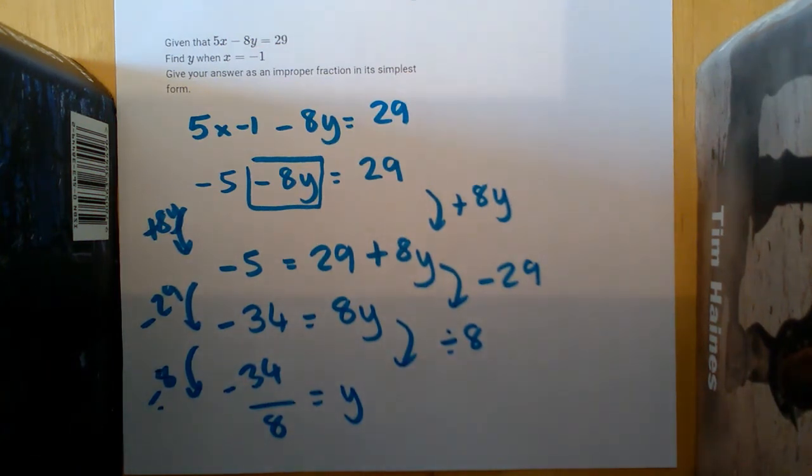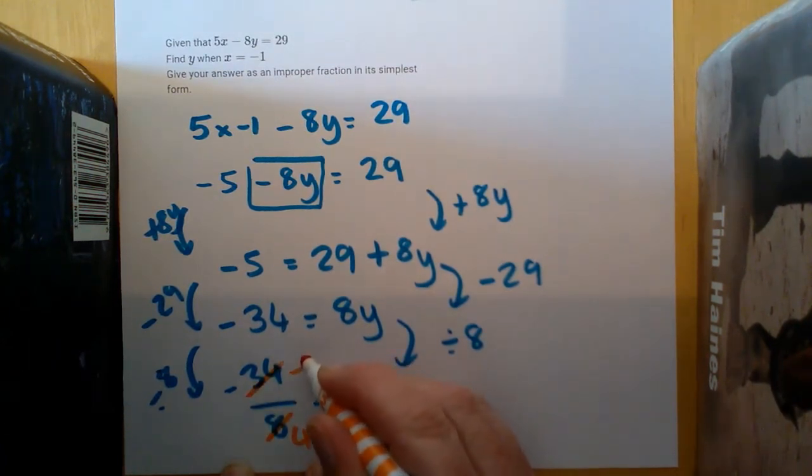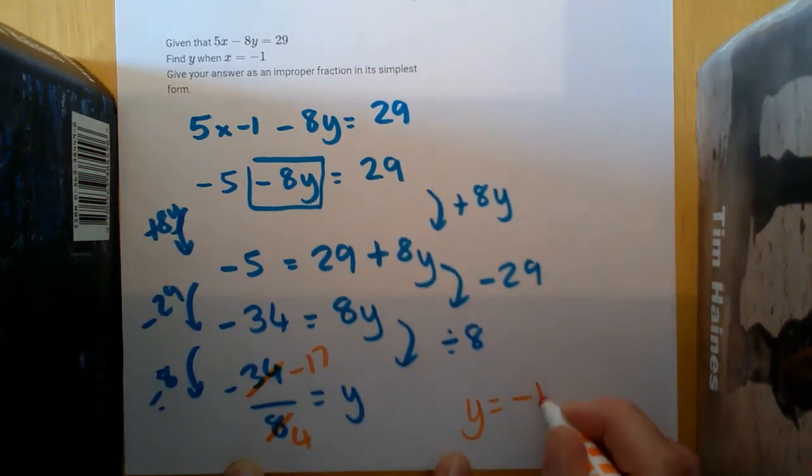We know that 8 and 34 are both in the 2 times table. So we've got 4, and minus 17. So my answer is y is equal to minus 17 over 4.